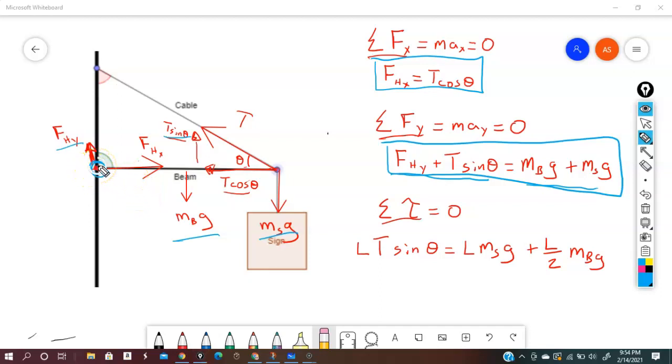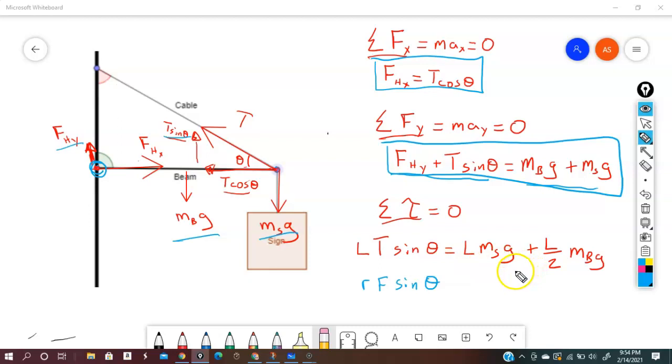From that hinge all the way over to where the tension force is acting, they tell us the length of the beam is L, so the r in the equation r F sine theta, which is how we calculate our torques, would be this length L. The force would be the tension T, and the angle we're given as theta. So r F sine theta would be L T sine theta. That's the only thing trying to spin it in the counterclockwise direction.